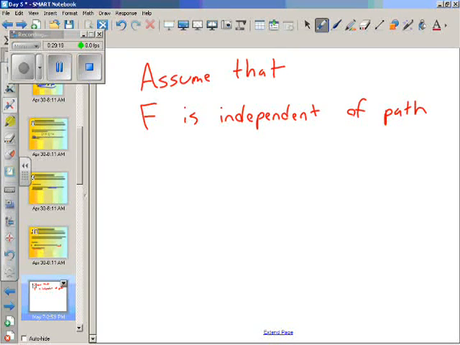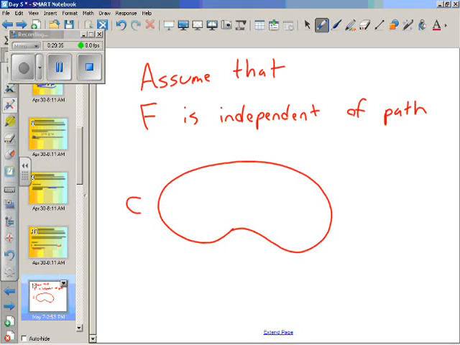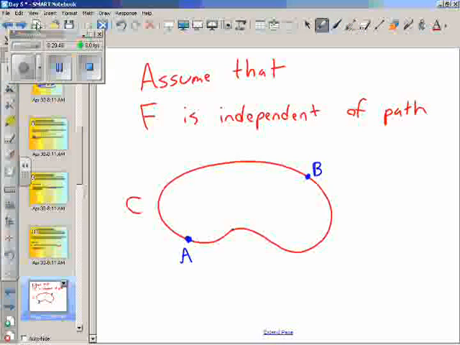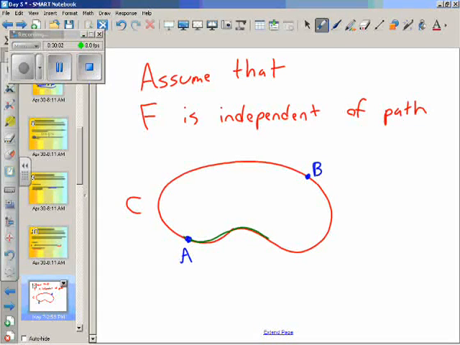Okay, so when we assume it's independent of path, and we have some closed curve C, let's pick 2 points on C. I'm going to pick this to be A, and this to be B. And then what I'm going to do is I'm going to declare this half, from A over to B, going this way, I'm going to call that C1.